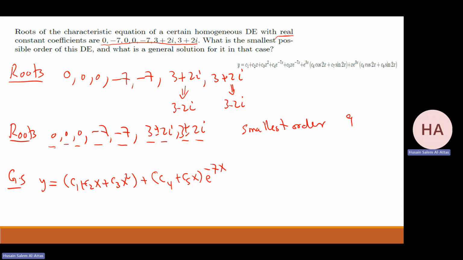Here for sine or cosine, I have C6 plus C7x, e3x cosine 2x, plus the same thing for sine, C8 plus C9x, so the order is 9, e to the power 3x sine 2x. Yeah, which is exactly this. You can write it the way you wrote it, or in this way.